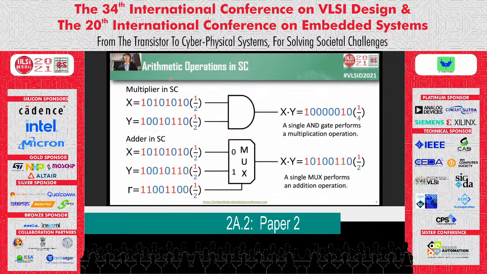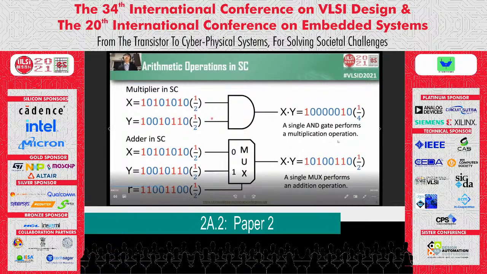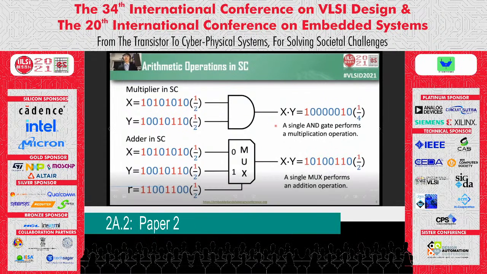Next, let me explain arithmetic operations in SC. The SNs generated by SNG are calculated by these SC calculators. I would like to introduce a multiplier and others as an example. This is a multiplier in SC.